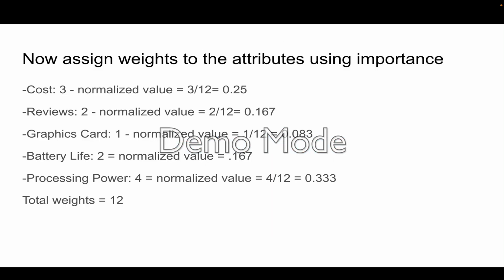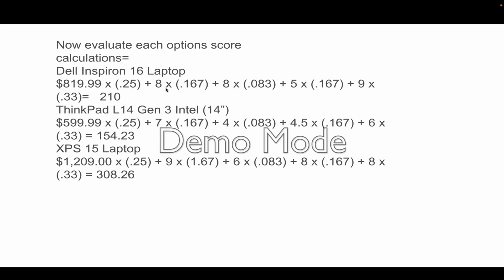I just gave them each a numerical weight that I decided. So I decided that cost was going to be 3, reviews is 2, graphics card is 1, so it's less important, battery life is 2, and processing power is 4, because I feel that that's the most important. And then I add them all up and divide each value by that to get the normalized value.